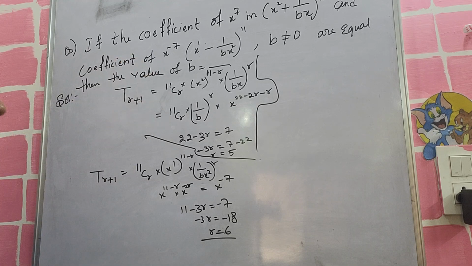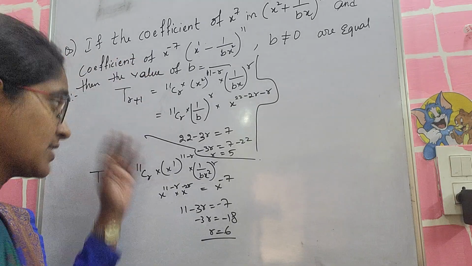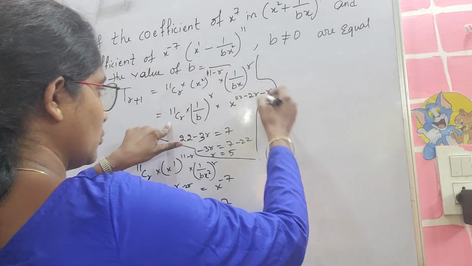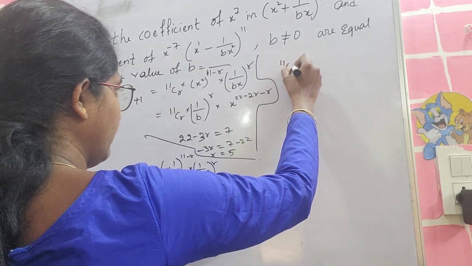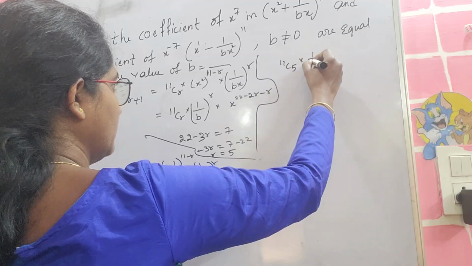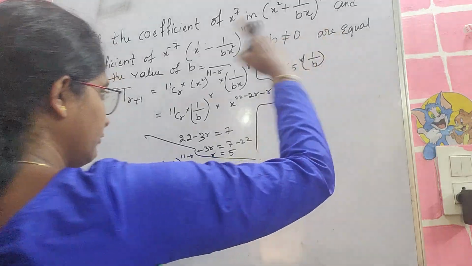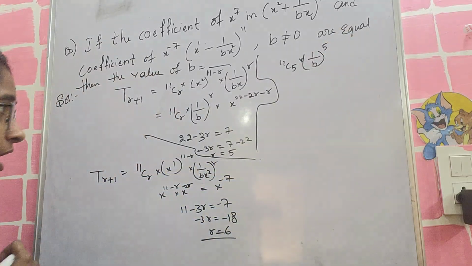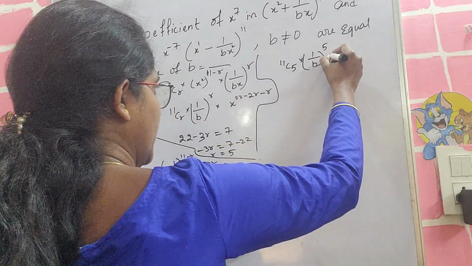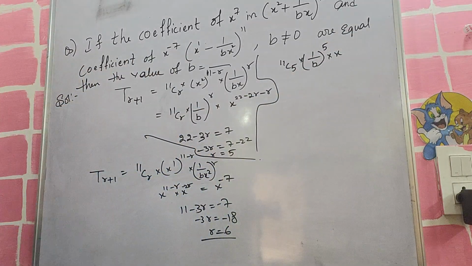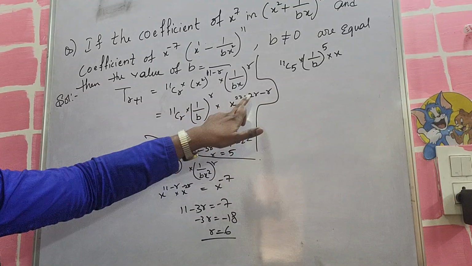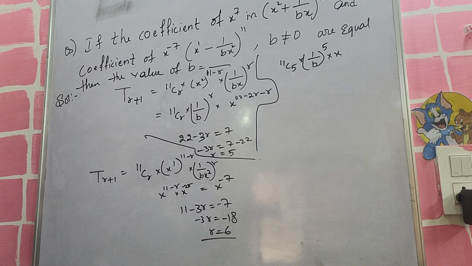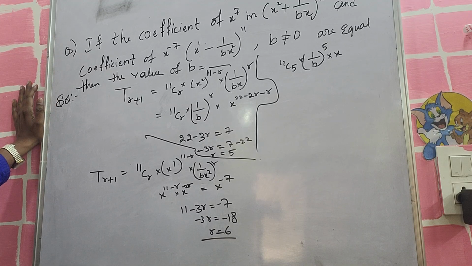So we'll compare it and find the value of r. We'll substitute in both places and compare. So here r is 5. So 11C5 into (1 by b) whole power of, what is here? 5. R value into x to the power of, r is 5, so 2 fives are 10, minus 5.